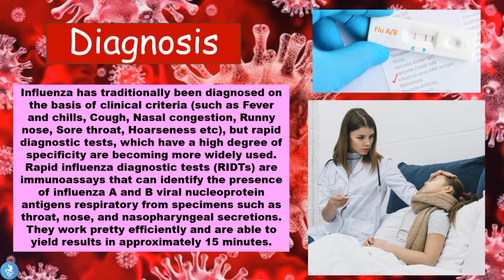Once these samples are collected, they're put onto this test, and we can see whether the patient will test positive or negative for the influenza virus. Of course, the control will always have a line, but if the test line also appears, then we know the patient either has influenza type A or type B. And this is a nice, quick, and efficient way to test for the virus, and the results are available within 15 minutes, which is an absolute bonus.